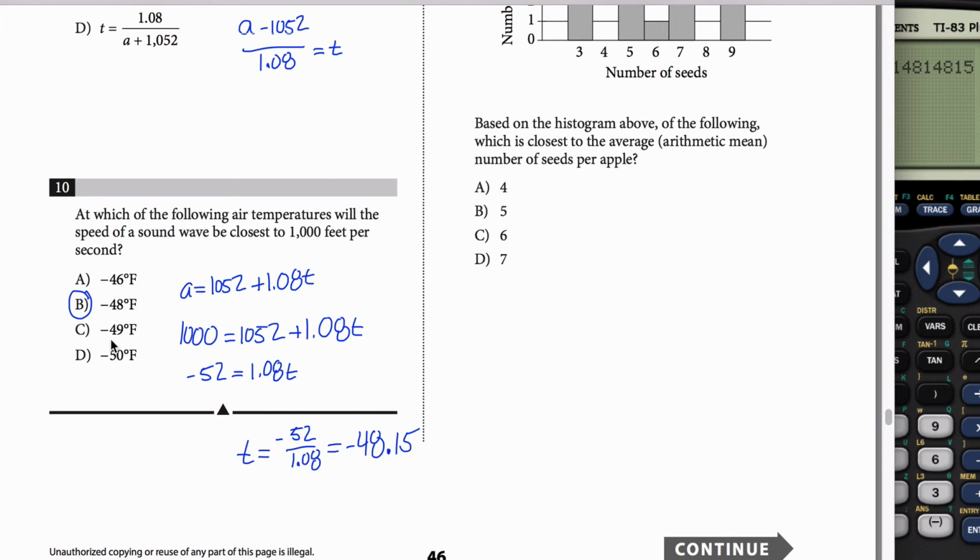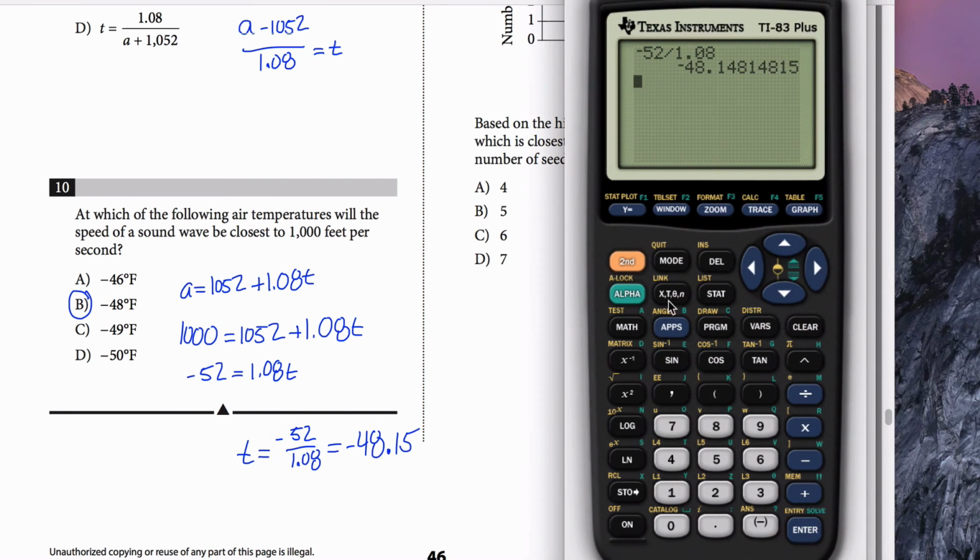Another way, as I said, you could do this is you could just take those numbers and plug them all in. You could say I got 1052, and then to that I am adding 1.08 times, and then what I want is all of these different answers. So maybe I first guess negative 46 degrees, and I plug that in and I get this answer, and I'm like, that's pretty close. I wonder if that's closer than the next one.